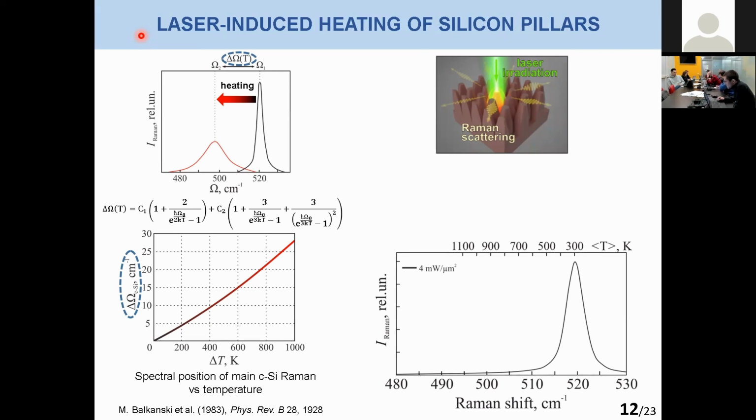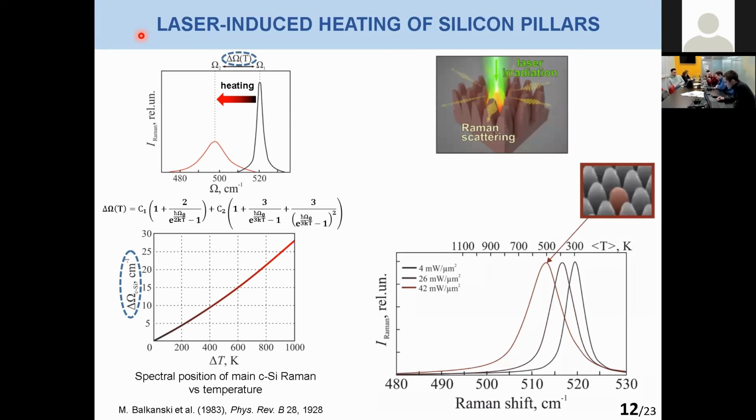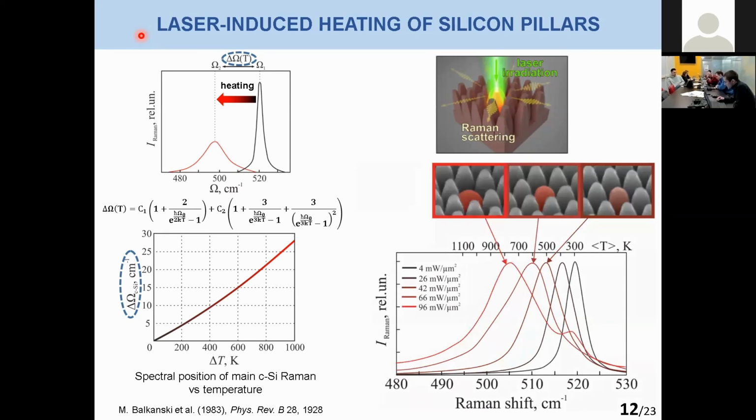In the experiment, first we irradiated a single pillar with a CW laser with gradually increasing intensity, recording Raman spectra and observing change in the geometrical shape of the nanopillar during the SERS measurement.